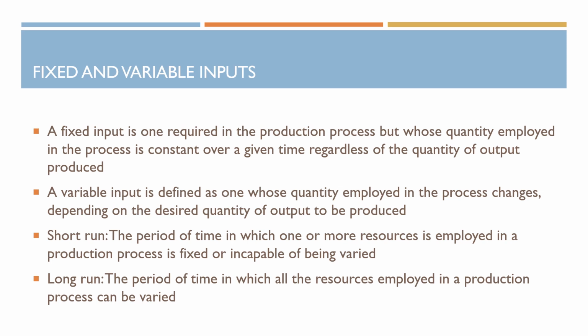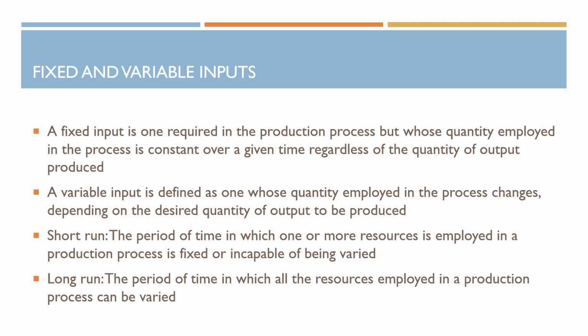In that sense, most of the production's inputs will be fixed at that particular period of time. On the other hand, when we are talking about long-run production, businesses and firms will be thinking about all things being flexible, changeable and adjustable.